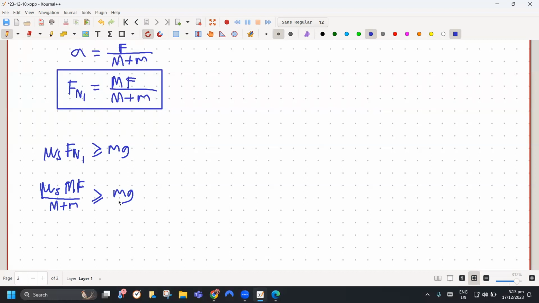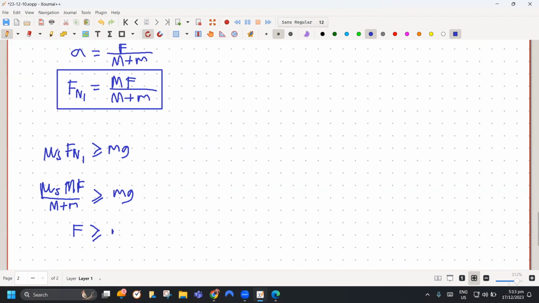Okay, so isolate Fn, isolate F. Therefore, this is, hindi naman may negative yung ano. Okay.